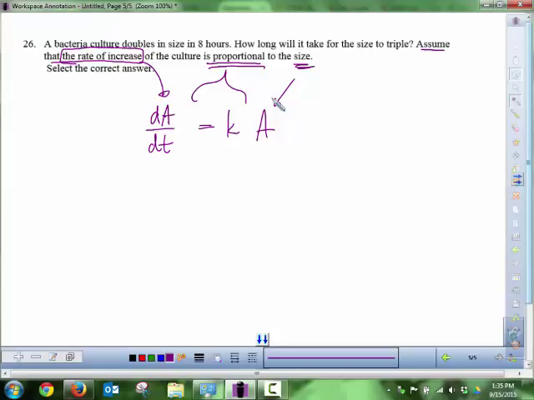So proportional is saying it's equal to k times something, alpha times something. And that's it. So this is our differential equation. We don't have an initial condition, and this first piece of information that they give us, doubles in size in 8 hours, will help us solve for k.